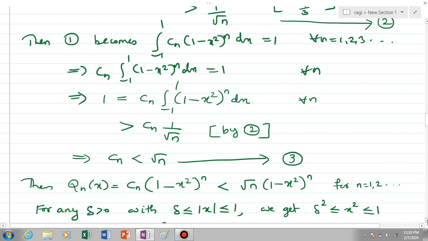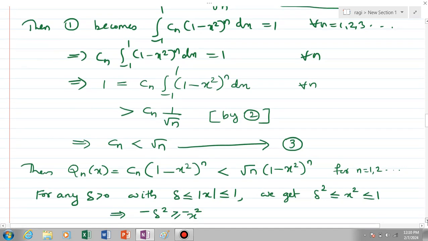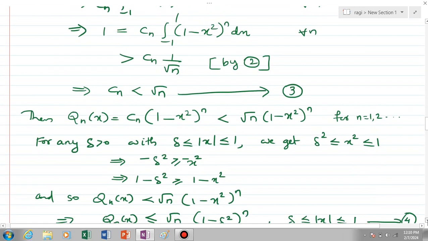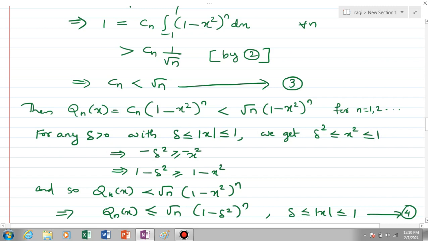Then our Qn of x, that is cn into (1 minus x square) raised to n, is less than root n into (1 minus x square) raised to n for every n. Now we are considering a positive quantity delta. For any delta positive with delta less than or equal to mod x less than or equal to 1, we get delta square is less than or equal to x square, that is less than or equal to 1.